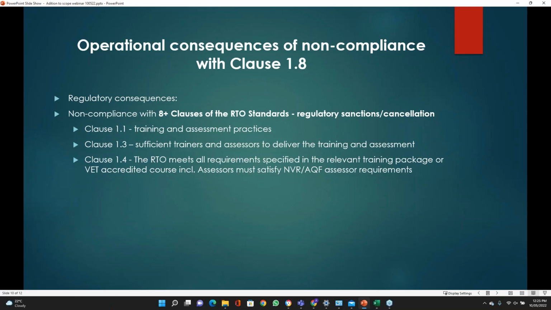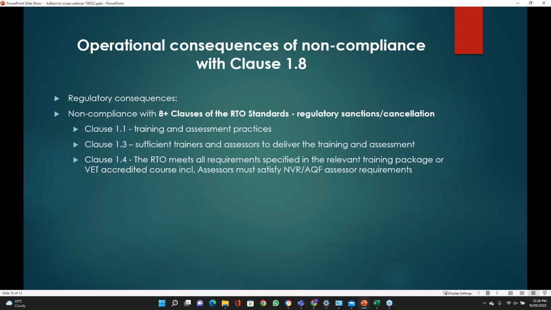However, like I said, if you're non-compliant with clause 1.8, to elaborate on that, if you do your addition to scope application without having all your ducks in a row, without having all of your resources ready, and you are audited, then you are potentially non-compliant with 8 or more clauses of the standards. And that could lead to regulatory sanctions, it could lead to cancellations.